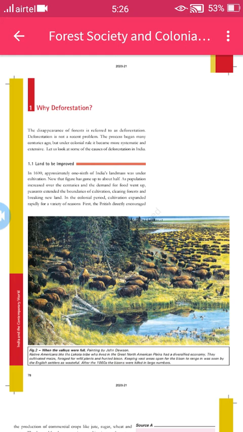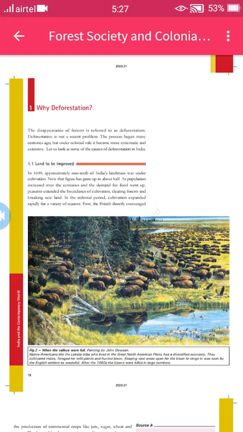As the population increases, the demand for food also increases. So demand for food has increased, and people extend the boundaries of cultivation or agriculture.